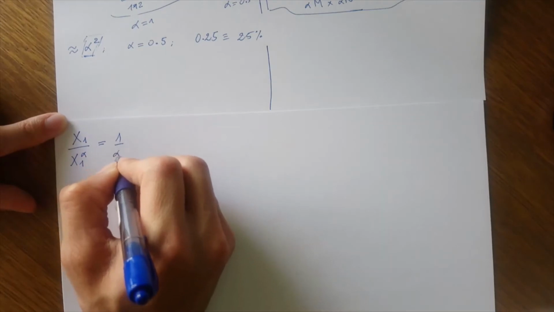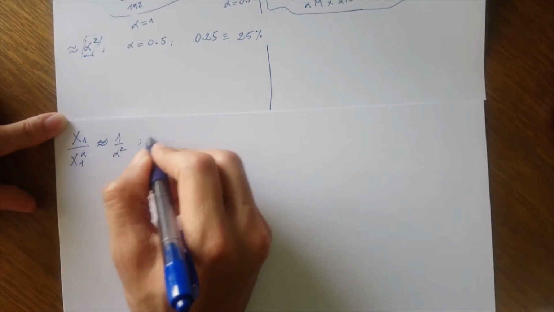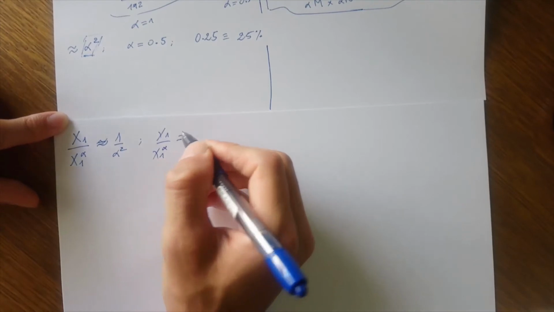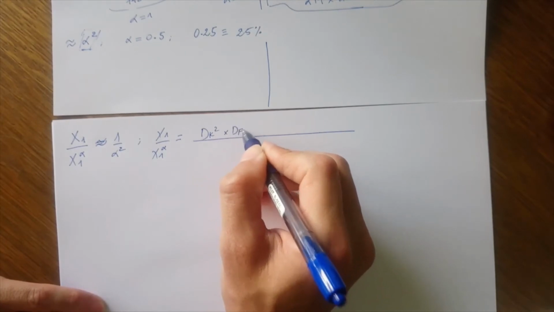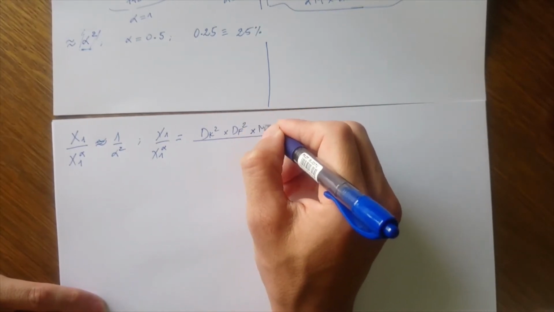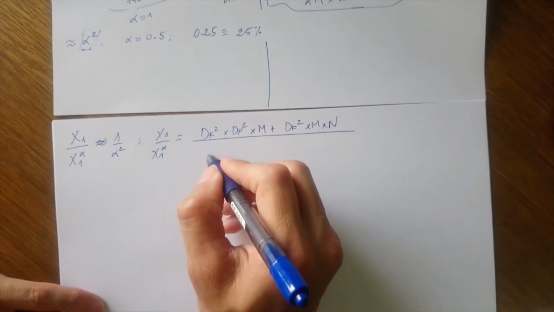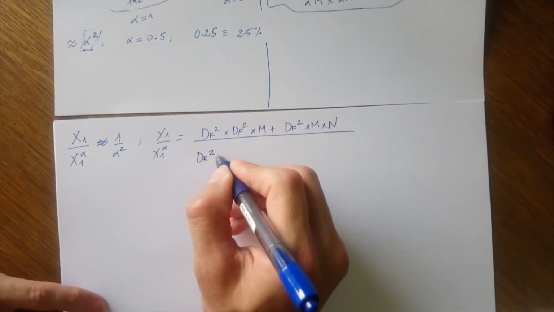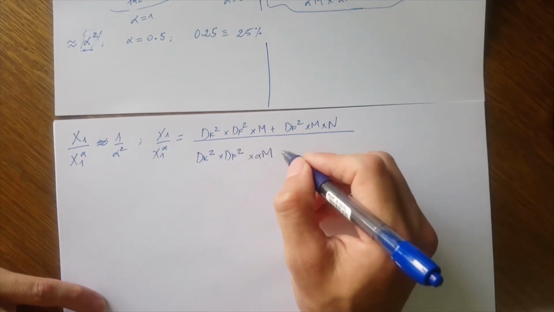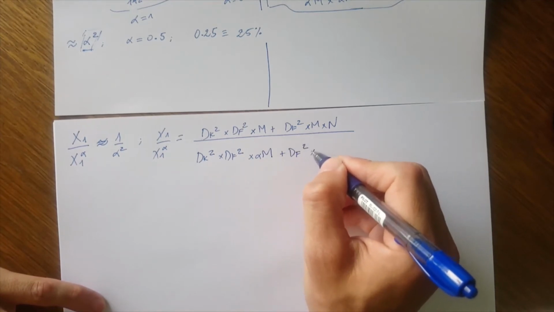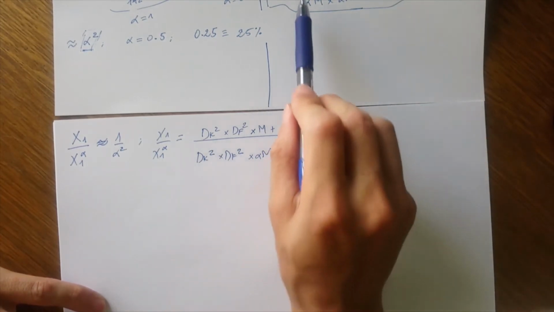I'm expecting to get alpha squared, approximately. So x1 divided by x1 alpha is equal to dk squared times df squared times m plus df squared times m times n, divided by dk squared times df squared times alpha m plus df squared times alpha squared times m times n. Let me just check if this is correct.